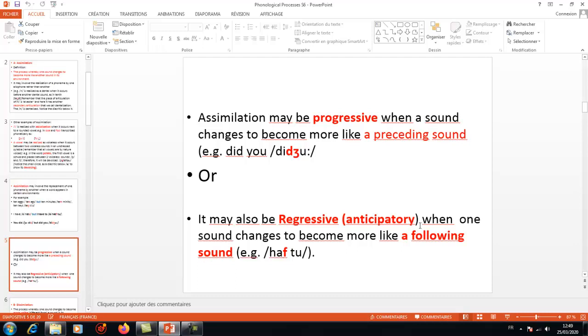It happens when one sound changes to become more like a following sound. For example, "have to" becomes "haf to". So here it's the following sound, the second sound, that affects or influences the sound preceding it. This is a case of regressive assimilation.